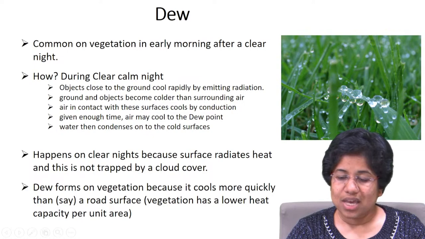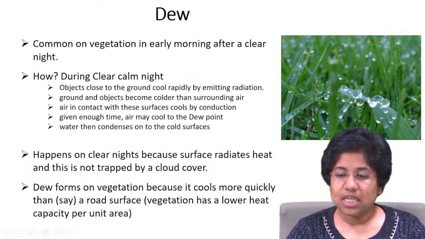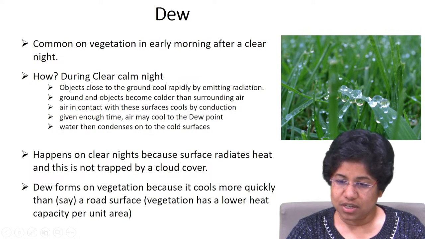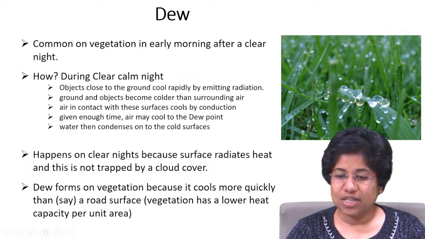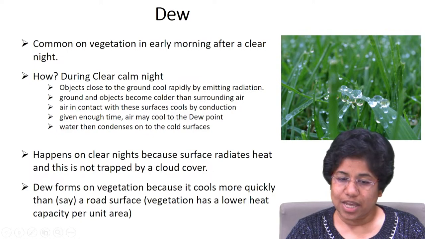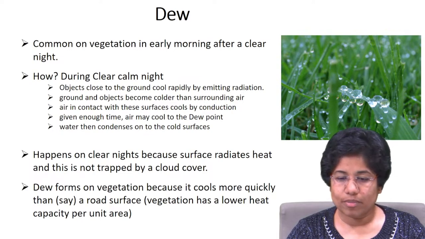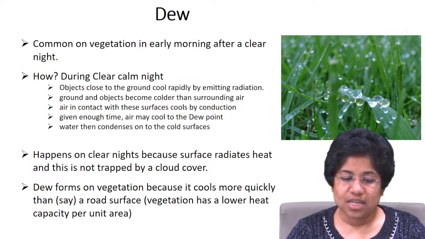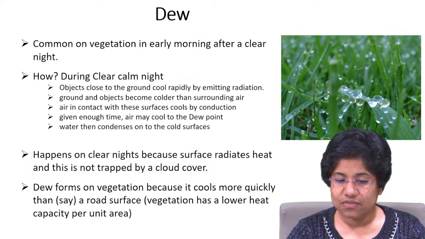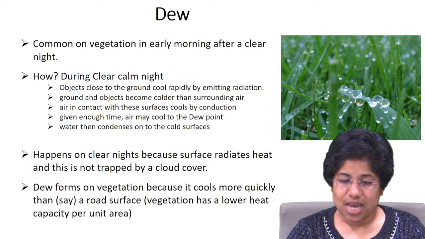So the air which is very close to the surface, when it touches the surface features, condensation takes place and dew forms. It usually forms on vegetation, not on other surfaces like roads or buildings, because vegetation has a lower heat capacity, that is, vegetation cools faster as compared to buildings or any other feature.